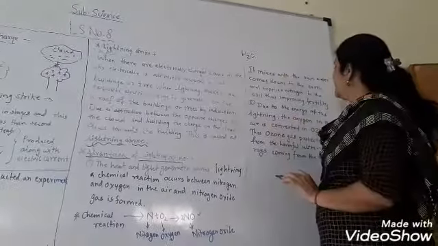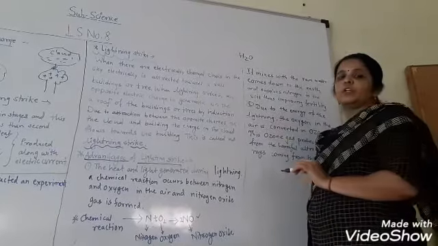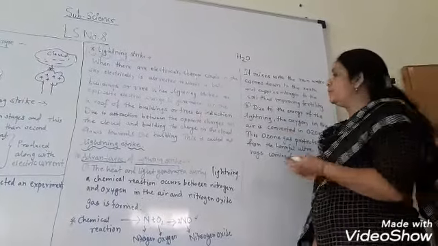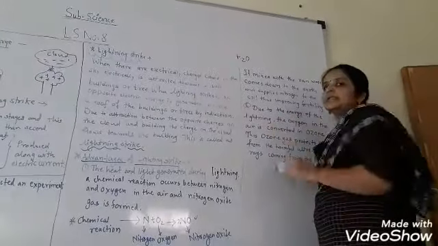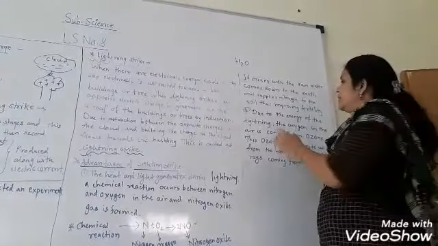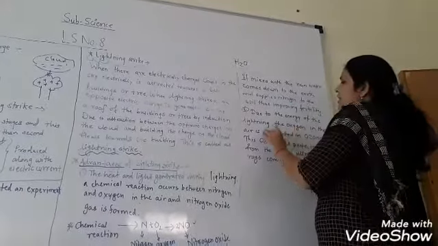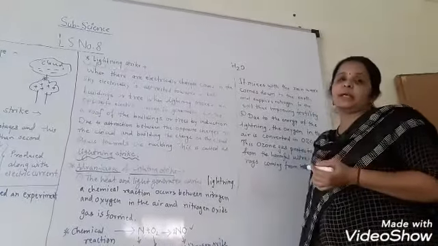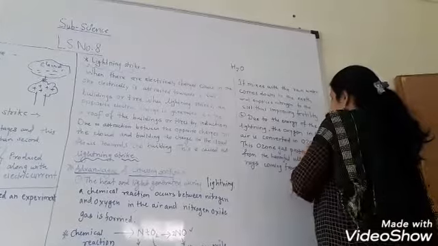Second, due to the energy of the lightning, when the lightning strike is happening, a tremendous amount of heat energy, light energy and sound energy is generated, and the oxygen in the air is affected, and what will happen? Which new type of gas starts to be created?